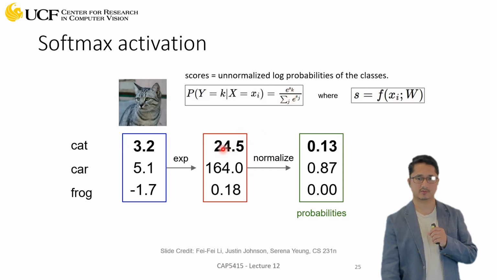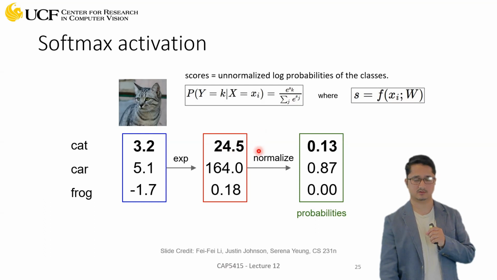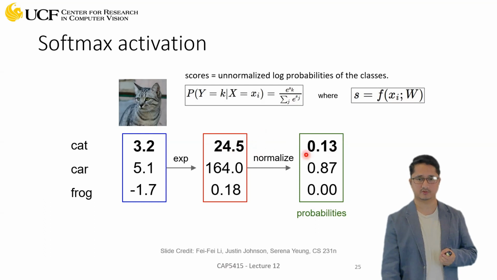So in this case, it will be 24 over 190, and that will give you 0.13. And this will be 164 over 190, going to give you this, and this is going to be 18 over that number, so pretty close to 0. And these are actual probabilities.